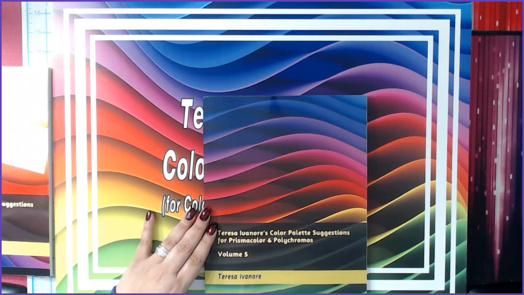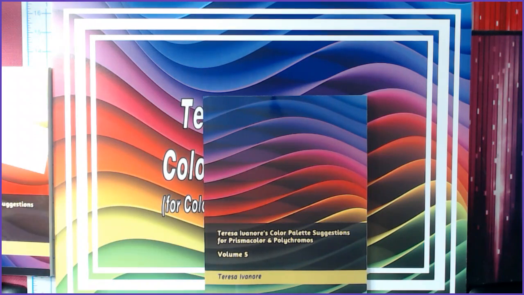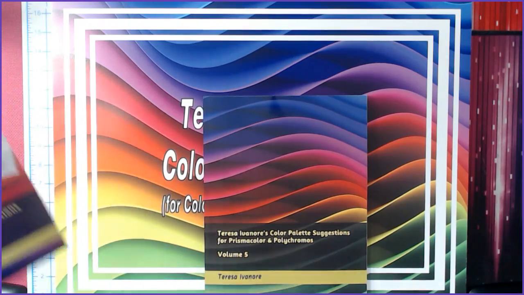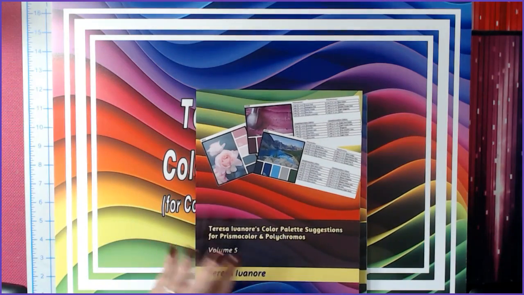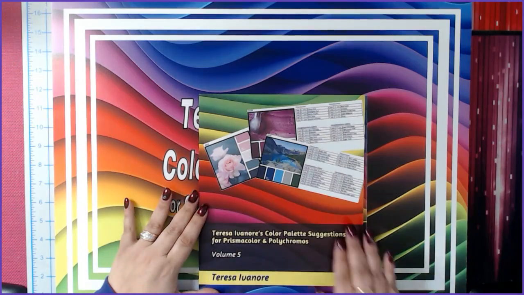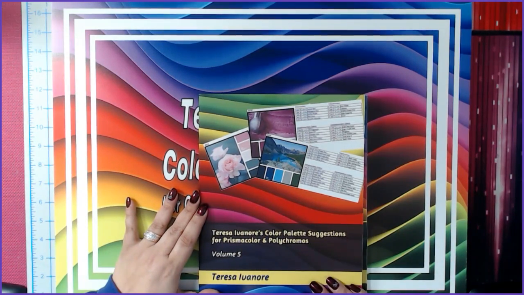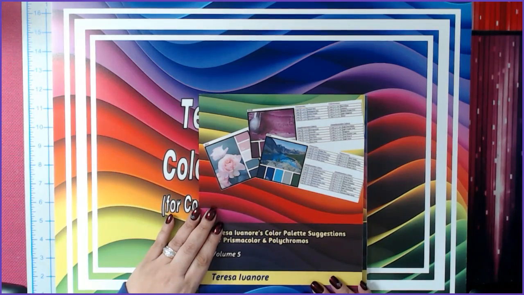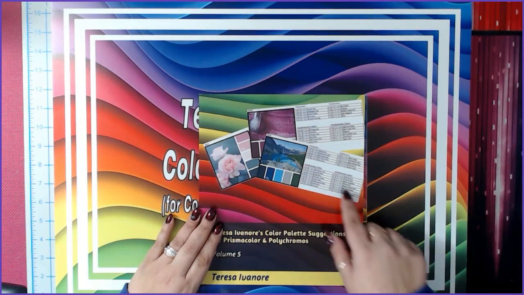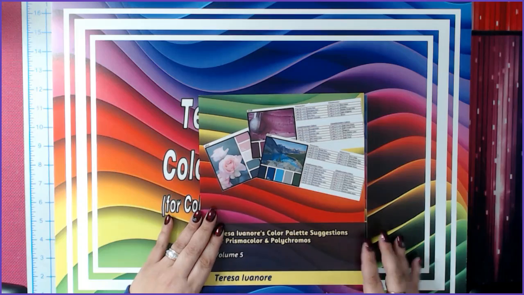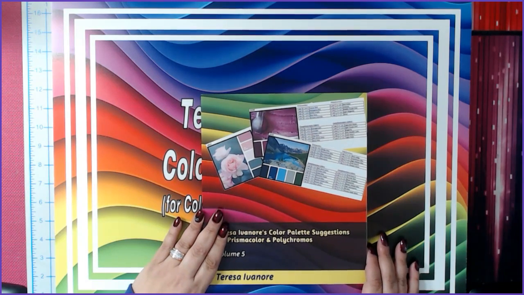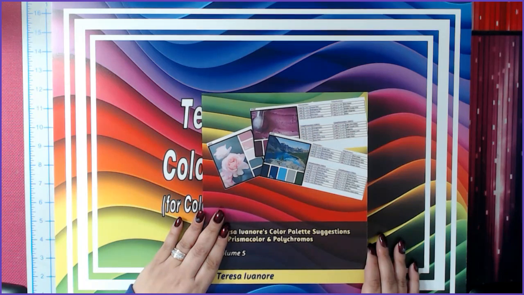Both of them are not available, just the new revised version, because when I first set up this research for my volume 5, for those of you that have one that looks like this, it's no longer available. And the reason being is because I purchased these color palettes and then did the research on them. So that is how volume 5 came about.